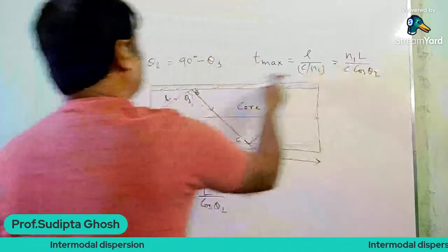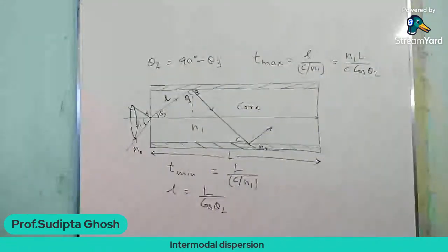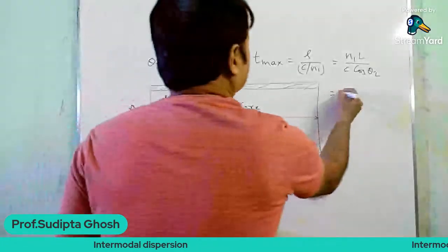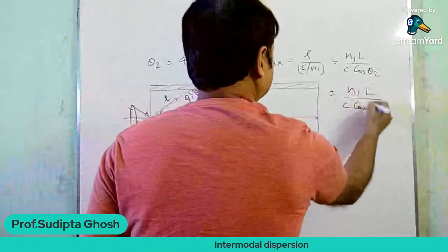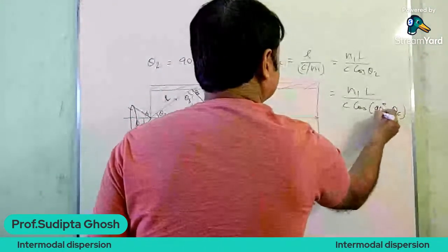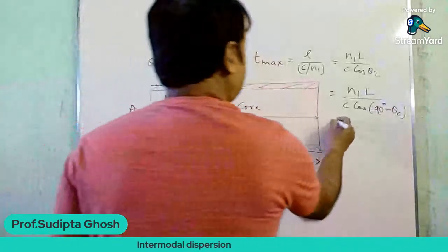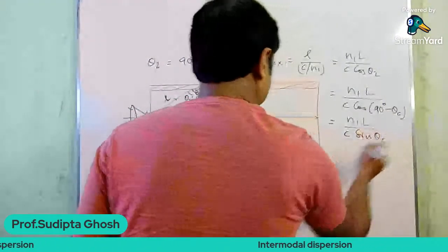Now putting theta 2 equals 90 degrees minus theta 3, and theta 3 equals the critical angle theta c, we have n1 capital L by c sin theta c, right?